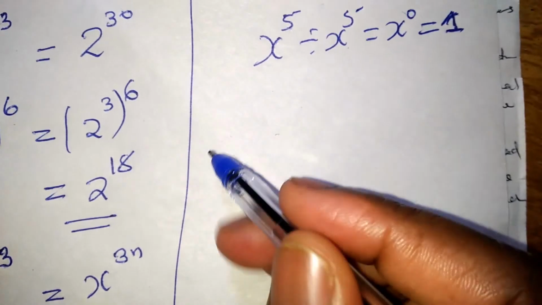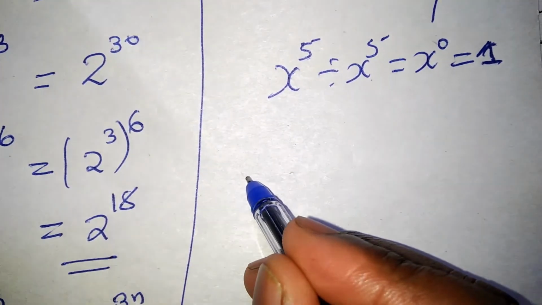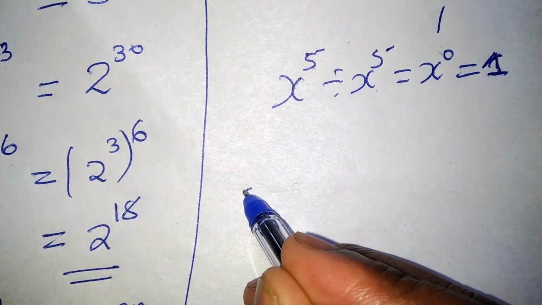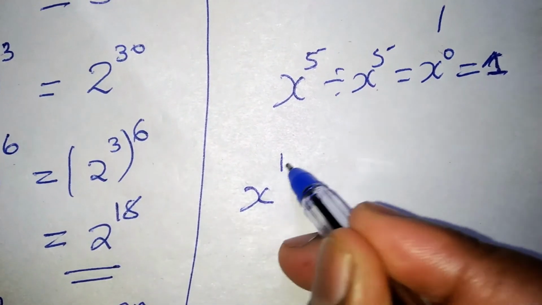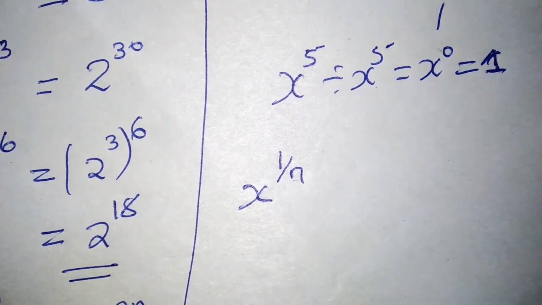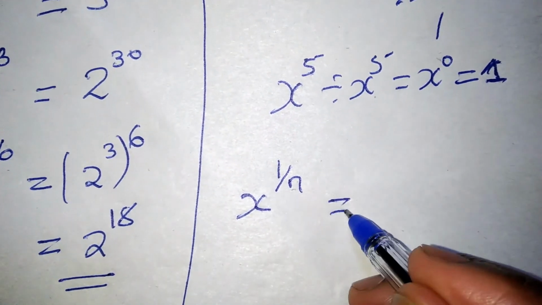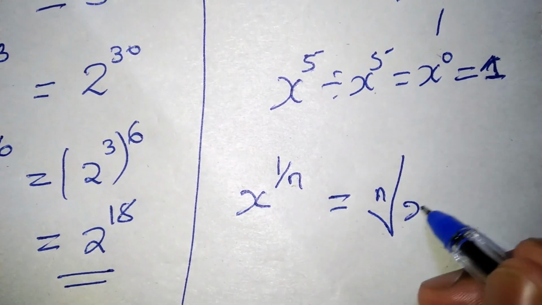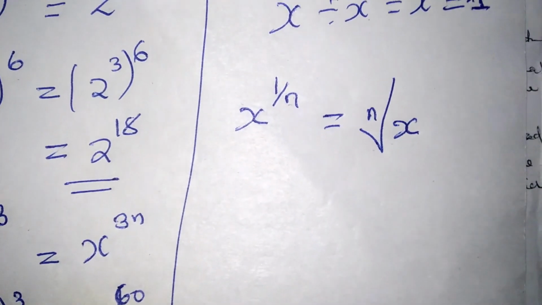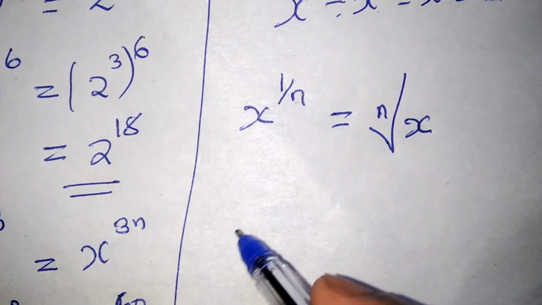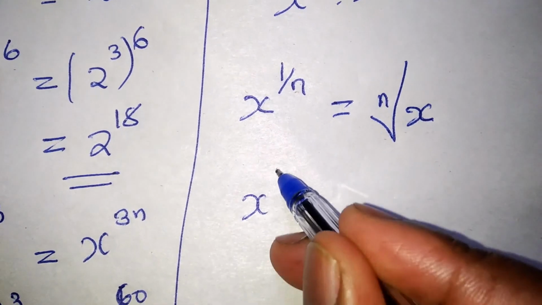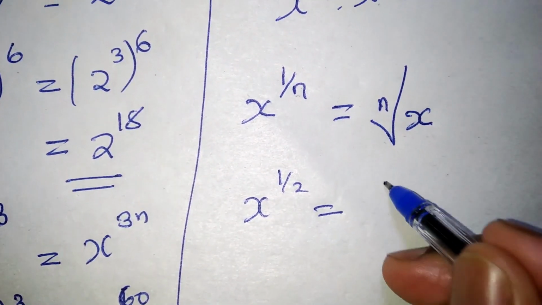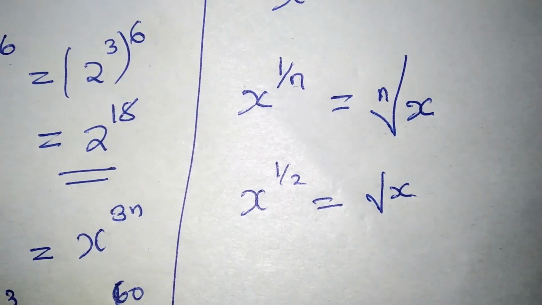Now, another law of indices is the fractional powers. If I have x raised to 1 over n, this is the same as the nth root of x. That is to say, if I have x raised to a half, that becomes the square root of x.